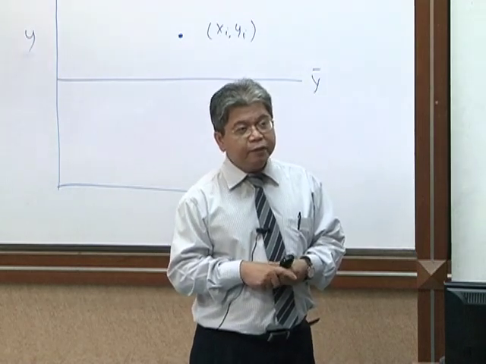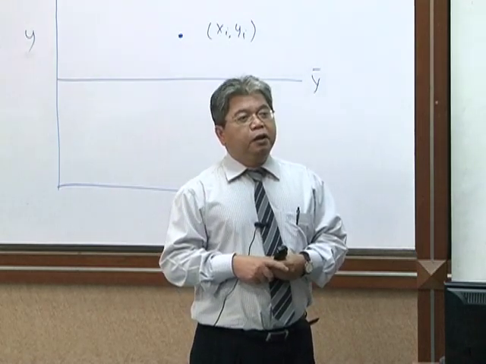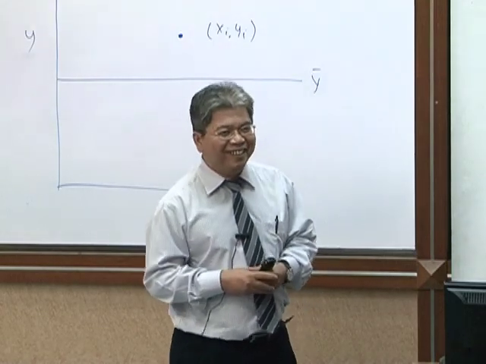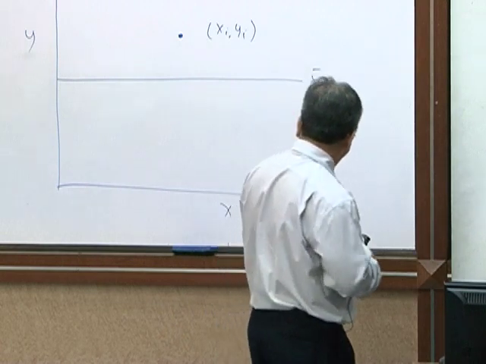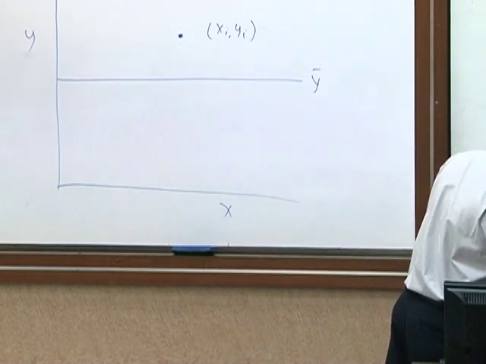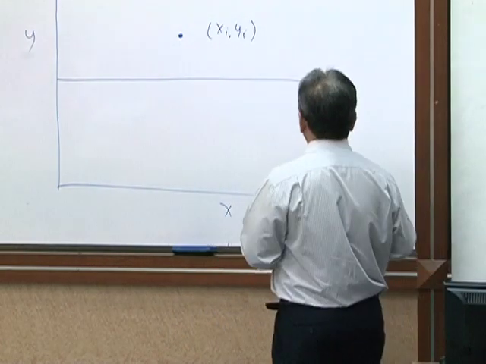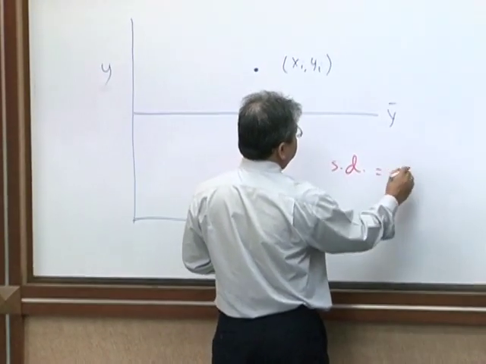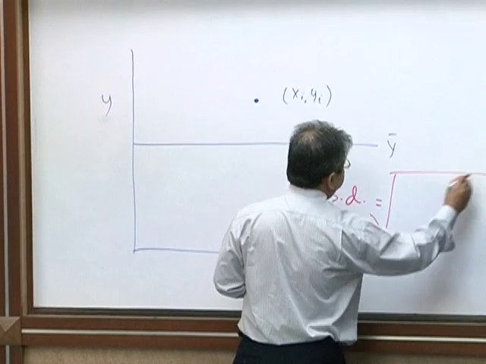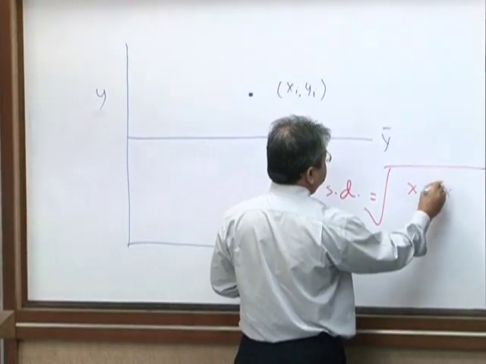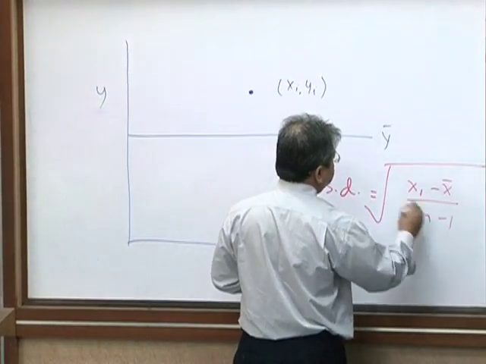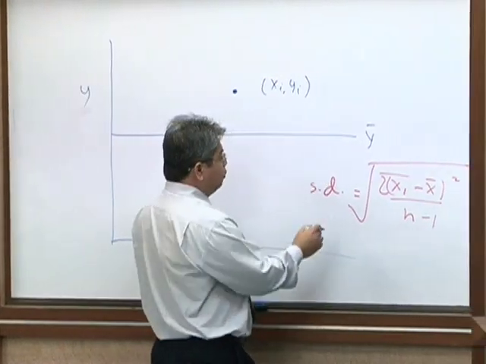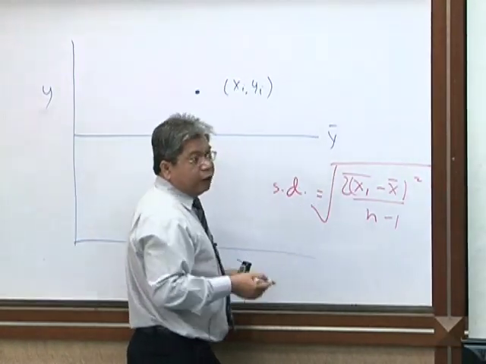What is variance? Variance is just the square of standard deviation. So, if this is your standard deviation, square root of xi minus x bar squared over n minus 1, if you remove the square root, then you get variance.